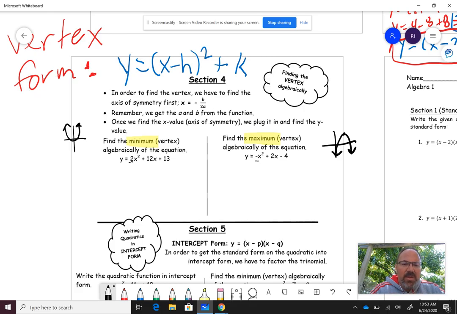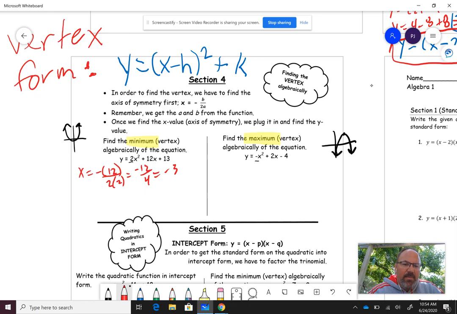So all you're going to do is just what we did with those other two examples. You're going to find the axis of symmetry. x is equal to negative b over 2a, negative 12 over 4, which is negative 3. Okay, so that's not my minimum value, but it will tell me what my minimum value is going to be.